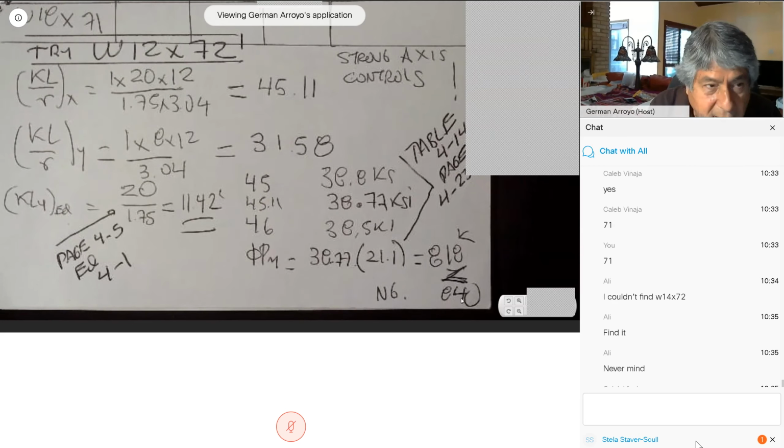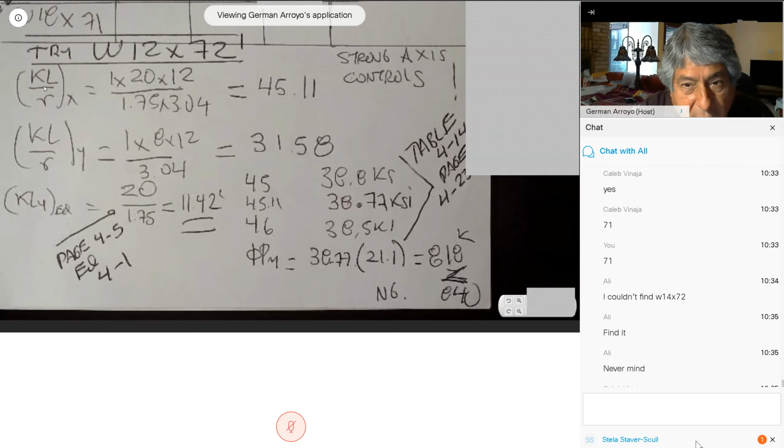So I'm going to repeat this again. We have to do both because of the bracing, it's not obvious if the strong or the weak axis controls. We have to do KL over Rx and KL over Ry. This tells me that the strong axis controls. So I have to find the design strength. We go to the end of chapter 4 for KL over R. The end of chapter 4 doesn't ask you for KL over Rx or KL over Ry.